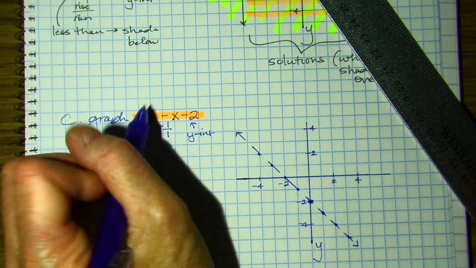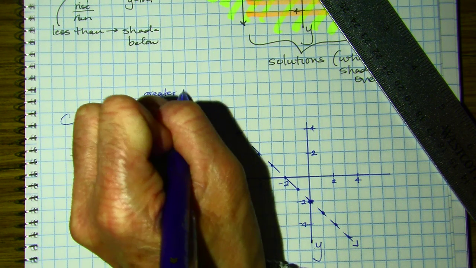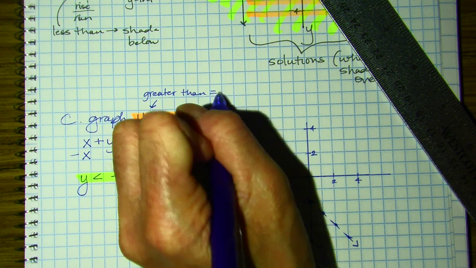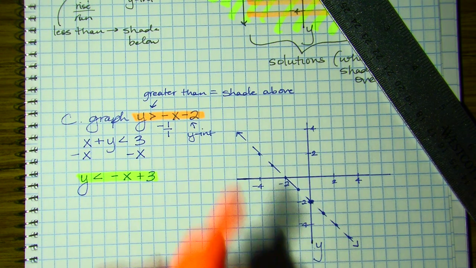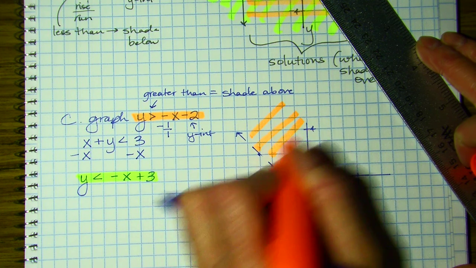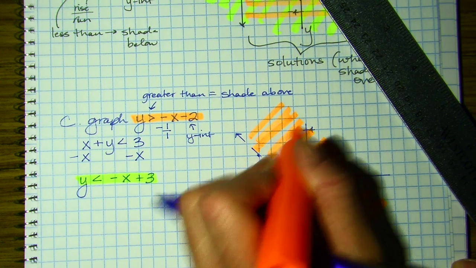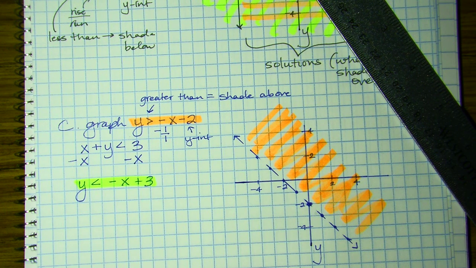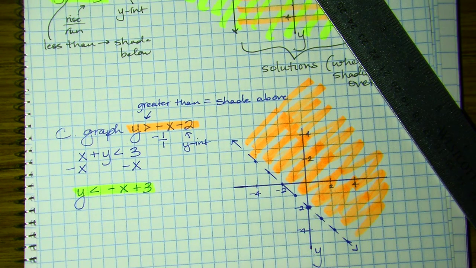Now it says greater than, so because it's greater than, I'm shading above. So I would shade it this way. And obviously, you can color it all in, but up to you. And this goes way out here. I'm just only shading a little bit.